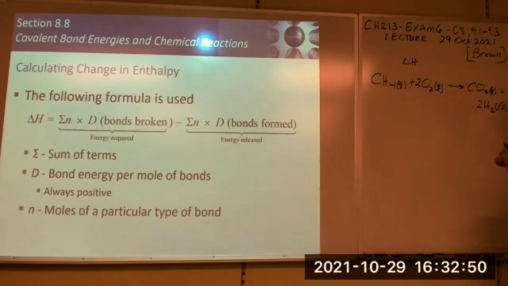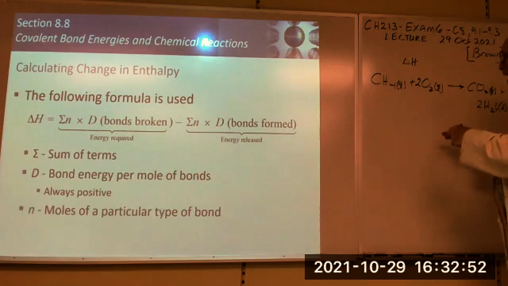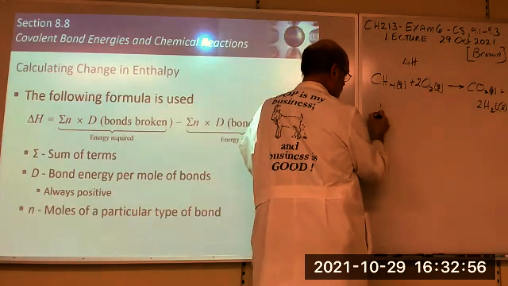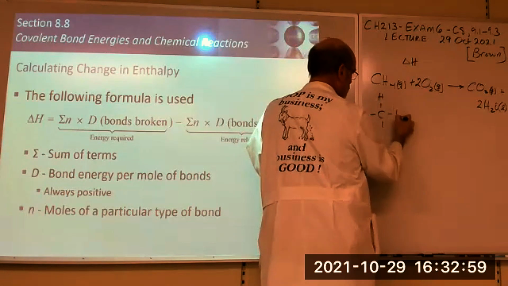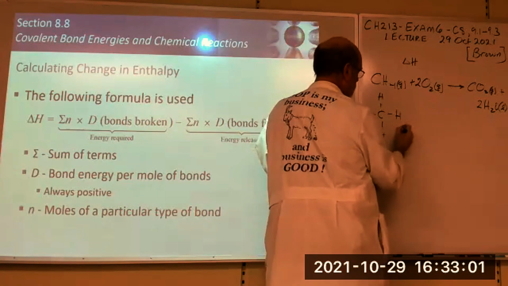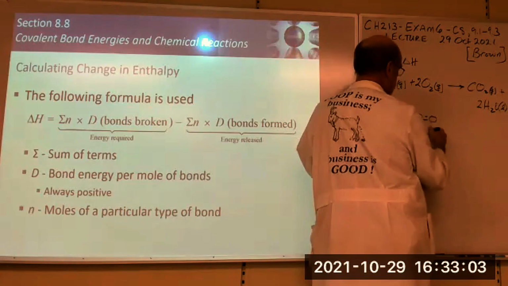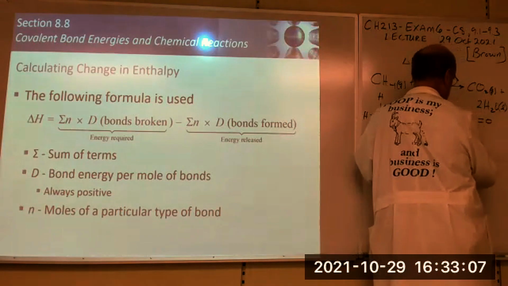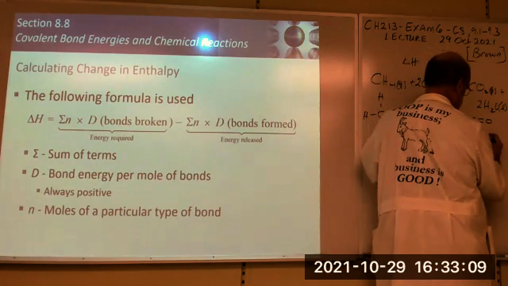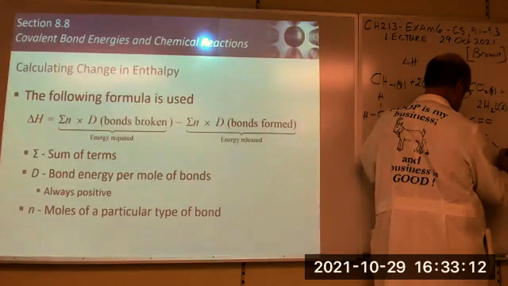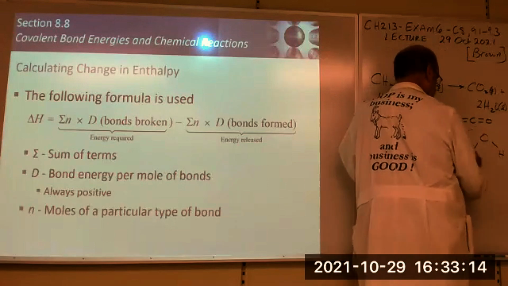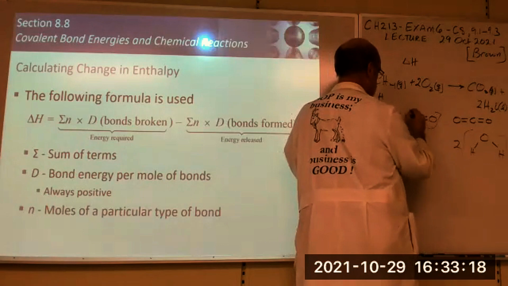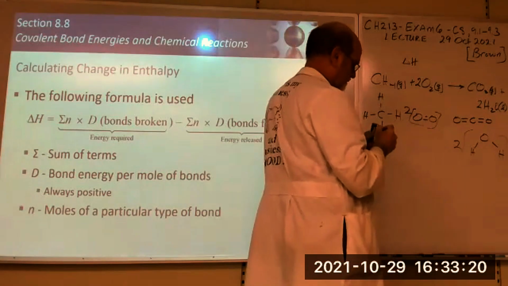But if we look at the individual bonds that are part of this, we've got this one for methane. Oxygen is a double bond here. Carbon dioxide is CO, and water is this one. There are 2 of these, 1 of these, 2 of these, and 1 of those.